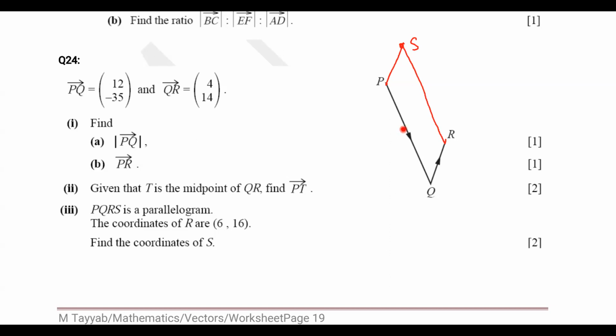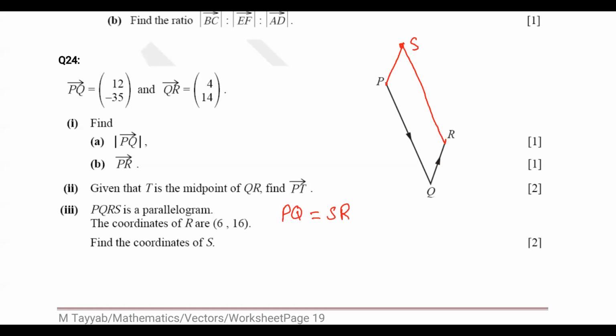Opposite side PQ is equal to SR. You can also write PS is equal to QR, because both pairs of opposite sides are equal, but because we don't have the PS information, we write PQ is equal to SR.